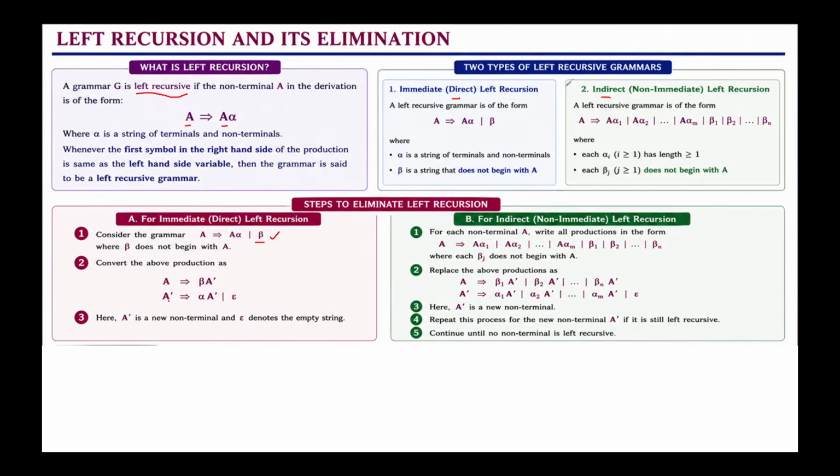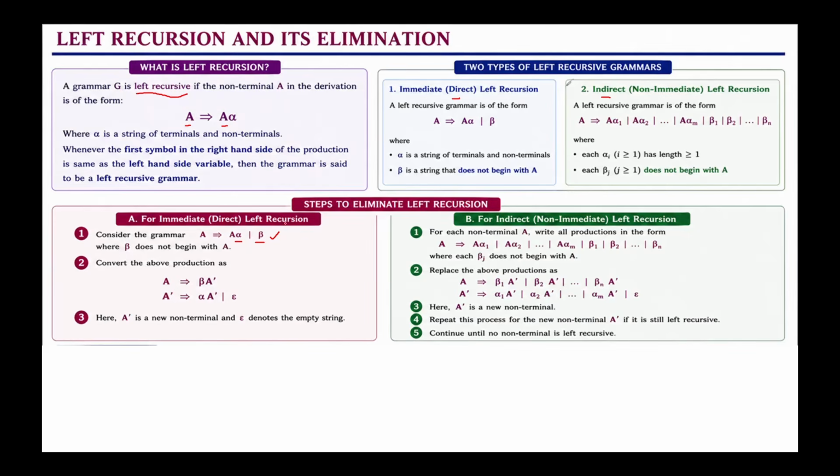Then write the production for A dash as A dash tends to alpha A dash or epsilon. Here A dash is a new non-terminal and epsilon denotes the empty string. This is the rule to convert the direct left recursive grammar like this.